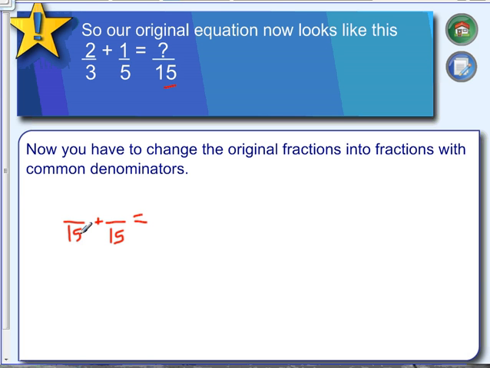So then we have to do the same thing to the numerator. What's 2 times 5? 10. All right, same with this one. 5 times what equals 15? 3. 1 times 3 is 3. So then we just add the top. We have 13 over 15. We can't reduce this, so this is our answer.